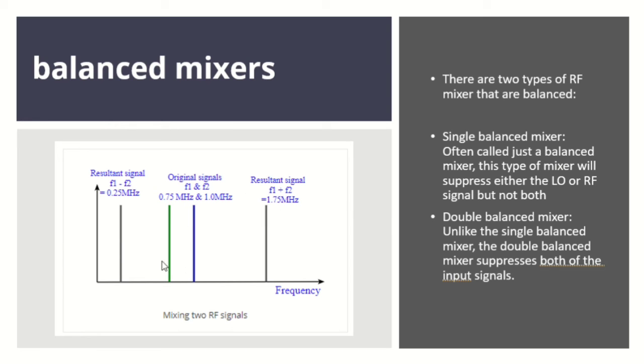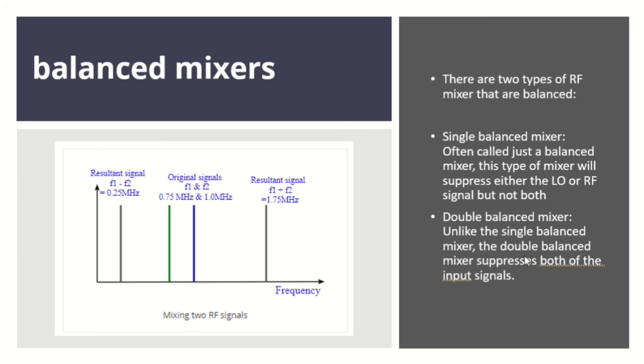So because of this kind of disadvantage, since what we want is the resultant signal, not the original signal, but the single balance mixer still gives one of the original signals. That's why we introduce the double balance mixer.